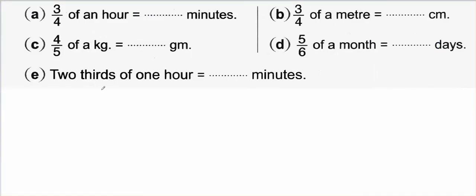Complete this sentence. Number 1, 3 over 4 of an hour. Of means times. What is the relation between hour and minute?